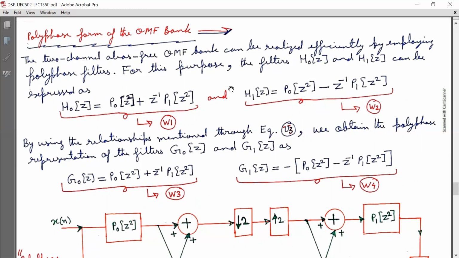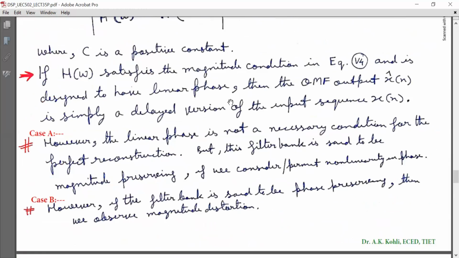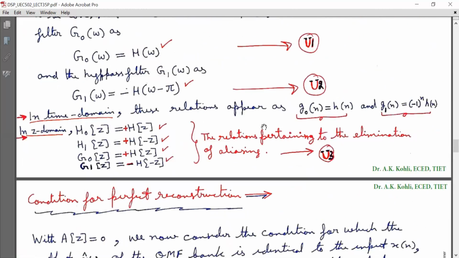By using the relations mentioned in equation U3, we will have a look at U3. So these are the relations pertaining to elimination of aliasing.